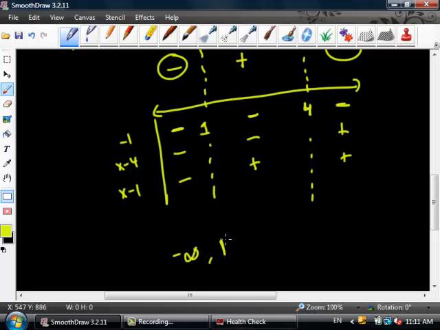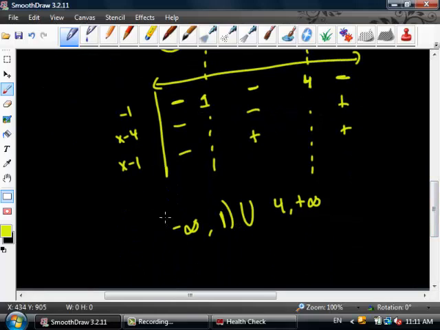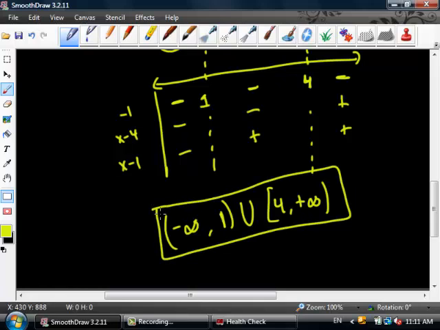Union 4, comma, positive infinity. And let's see here. What are our brackets going to look like? We cannot include 1, so that's going to be soft, soft. Hey, it's similar to the last problem. Any questions on this? Please don't forget to find a common denominator before you find critical numbers.